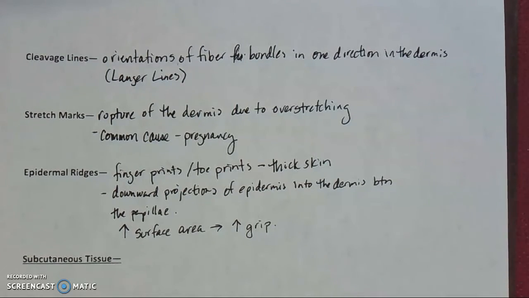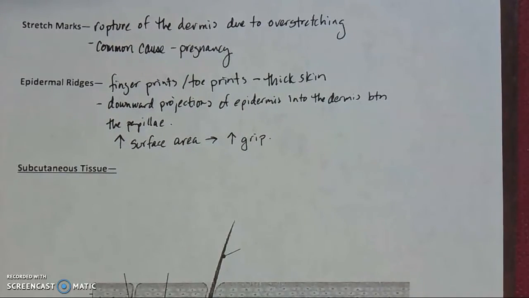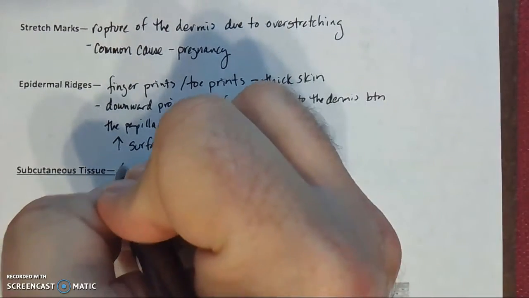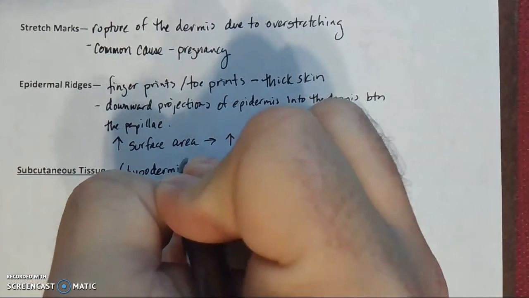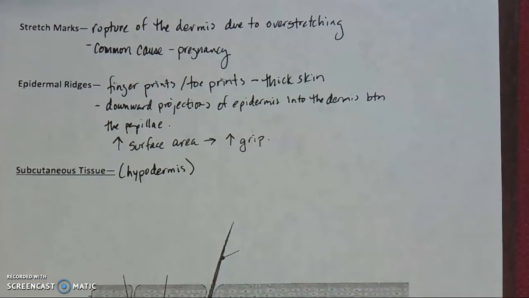So the last thing that we'll talk about in this video is subcutaneous tissue. This also is called hypodermis. It's really not part of the skin. It's more underneath the skin, but it's usually talked about during a discussion of skin. So this hypodermis or subcutaneous tissue, we have a lot of adipose tissue.